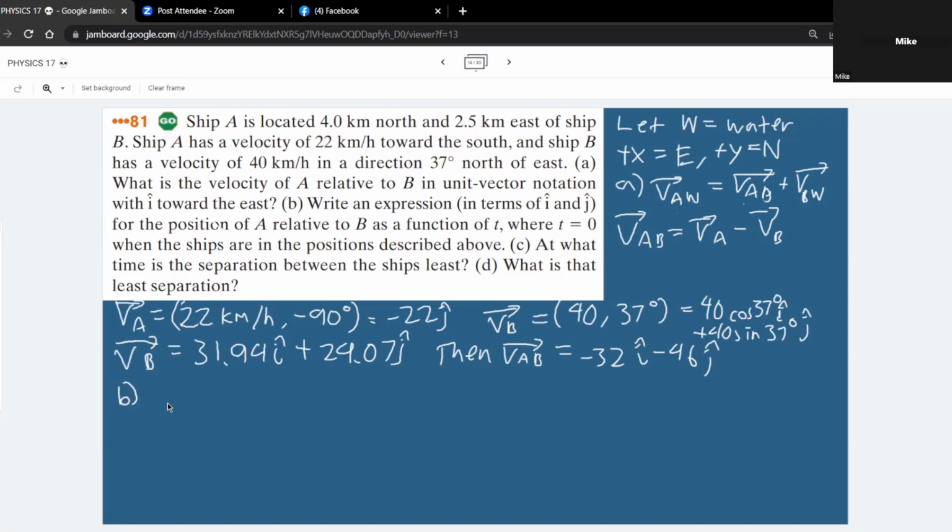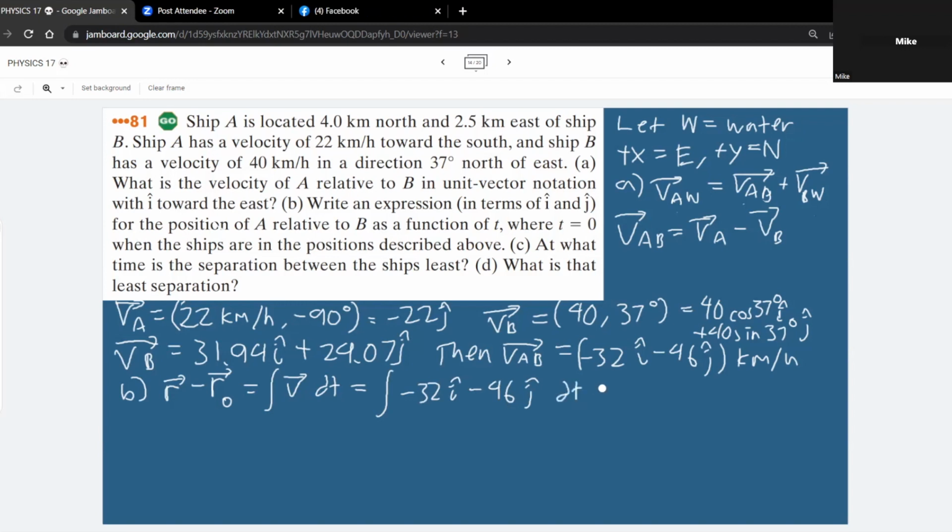Units, don't forget, kilometers per hour. Or kahit na V sub B, V sub AB times T yan.